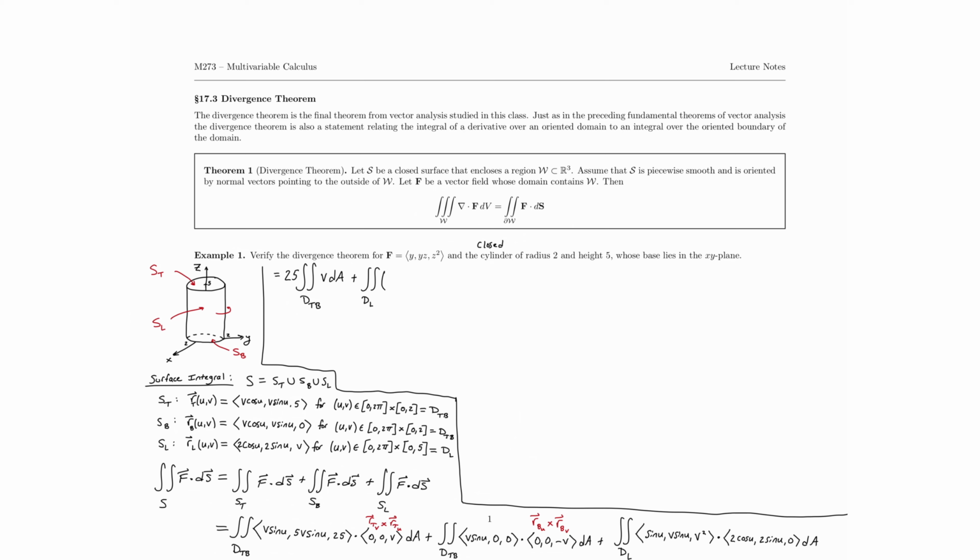This will be 2 sine u cosine u plus 2v sine u, well, sine squared u, excuse me, dA.